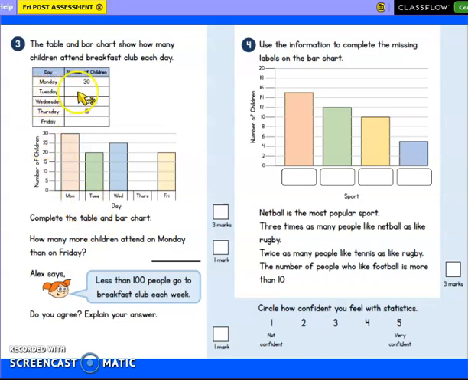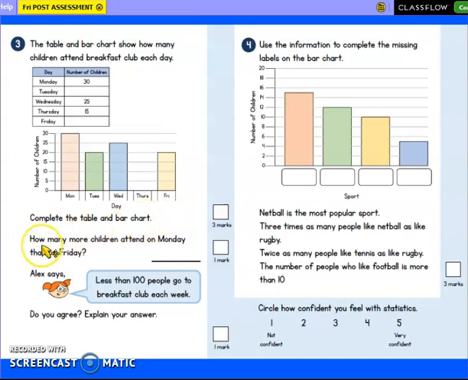For example, Tuesday is missing here, but it's not missing here. So we can find out how many children that is and write it in. Friday's missing here, but it's not missing here, so we can go up and across and record the answer. We know Thursday on here, so we can use it to draw the bar. Pause the video and complete each of them.